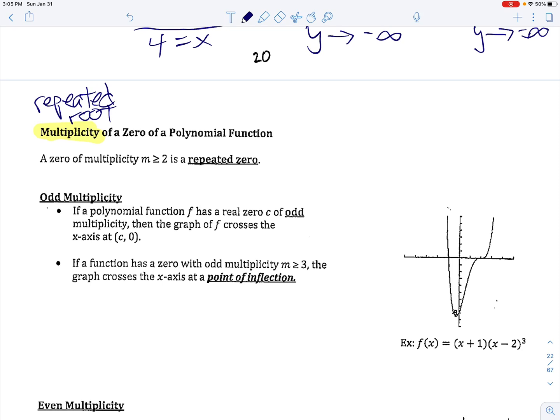Now, odd and even multiplicity, you determine by how many times the root is repeated to designate it odd or even multiplicity. Not if it's an odd or an even number.